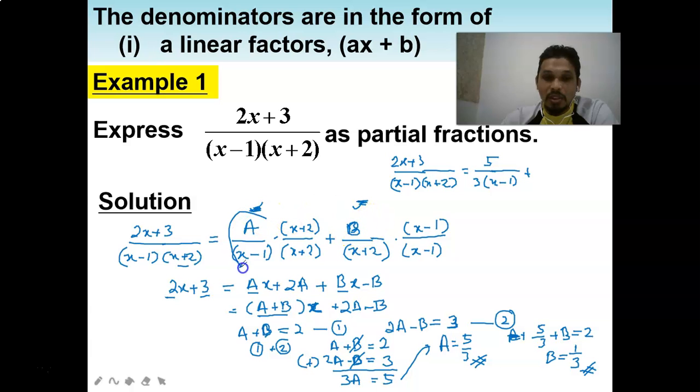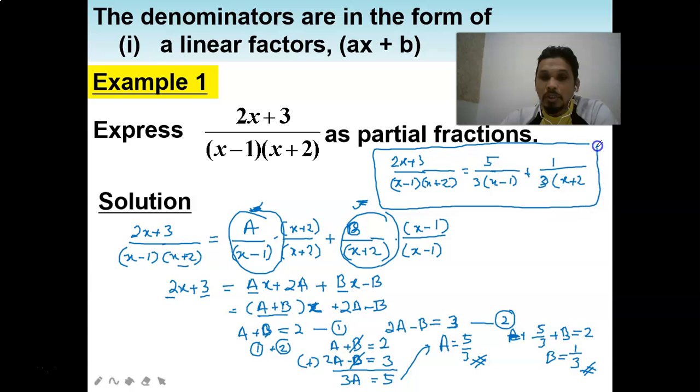We take this one only plus b, which is 1 over 3, over x plus 2. This is the answer then here.